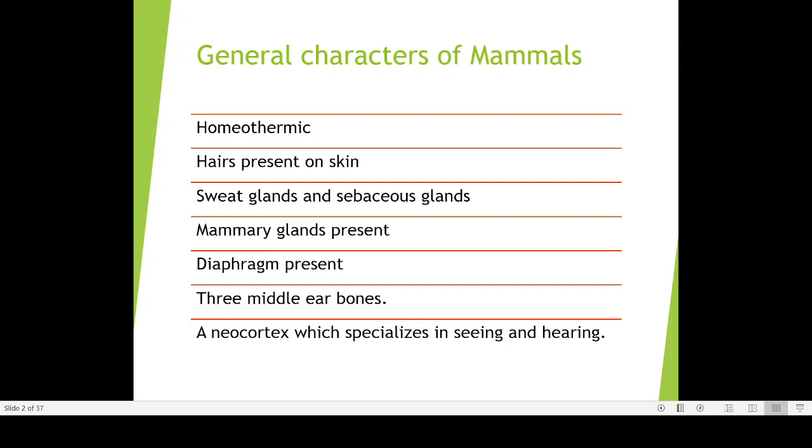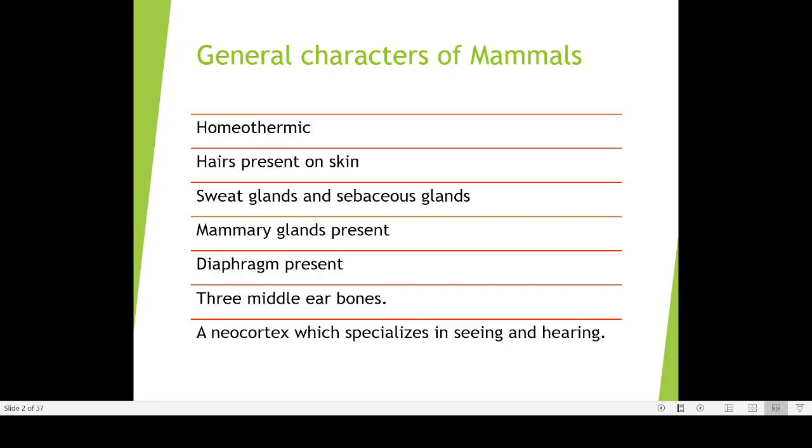These are the middle ear bones, otherwise known as ear ossicles. They help in carrying sound from the external ear to the inner ear. From the inner ear, the sound is taken to the brain where it is processed and you hear the sound. That is how the mechanism of hearing takes place.